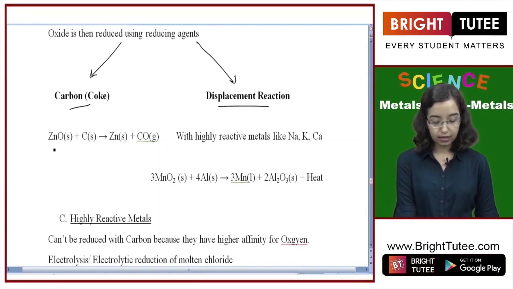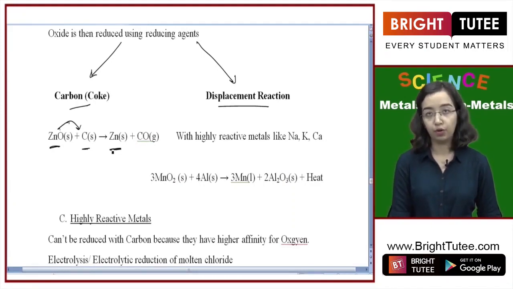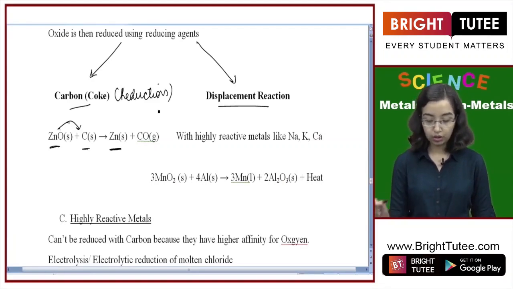So we add this zinc oxide to carbon, and it reduces the zinc oxide and forms CO gas. So this oxygen is taken away by the carbon and zinc is obtained in pure form. This is a process of reduction. Right? It's a redox reaction.